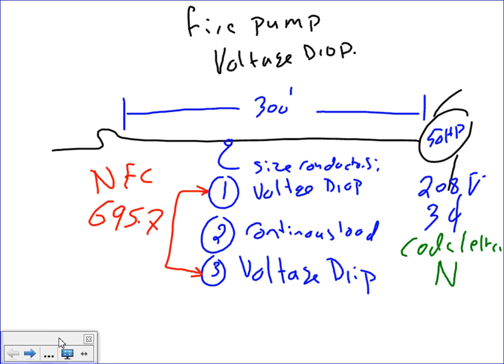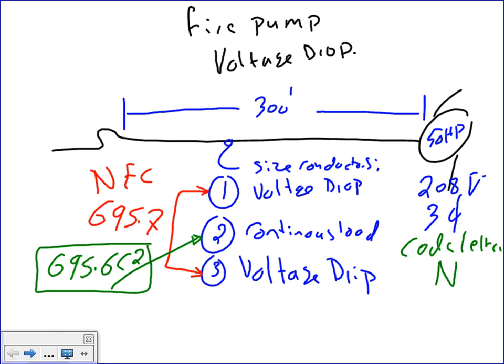For continuous load, we're going to go to article 695.6C2. So when I do the calculation, you're not going to say, why did you multiply by this? I'm going to refer you to this article. And all of them are NEC code book.